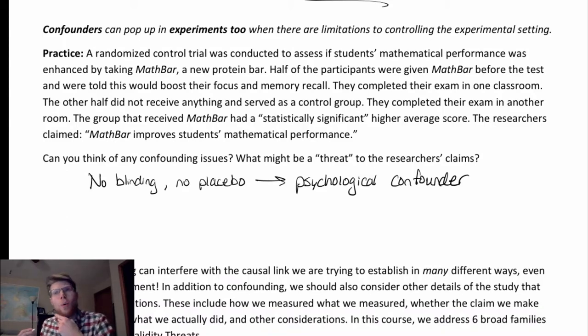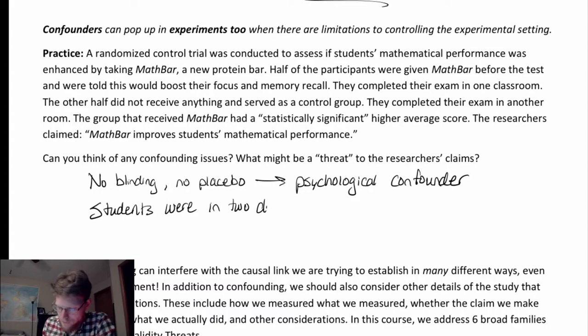This one's a small one. It may not matter, but I would note that they were in two different rooms. There could be something different about the rooms. There could be something different about the proctors.